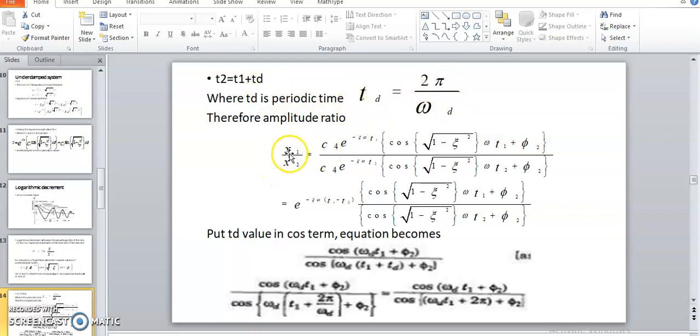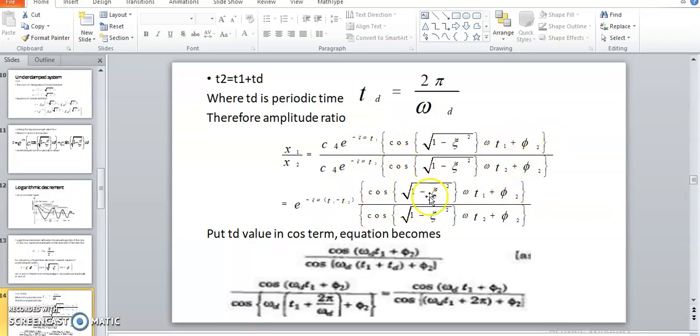Now we consider this ratio x1 by x2, where x1 is the solution at time t1 and x2 is the solution at time t2. So we put this ratio like this and simplify. C4 gets cancelled, we have e raised to minus zeta omega into bracket t1 minus t2, and the ratio of the cos terms.